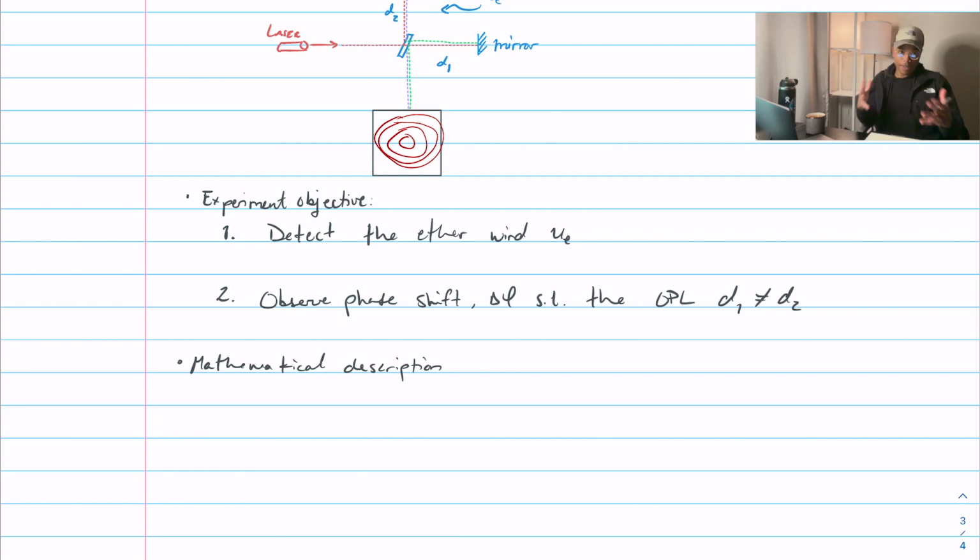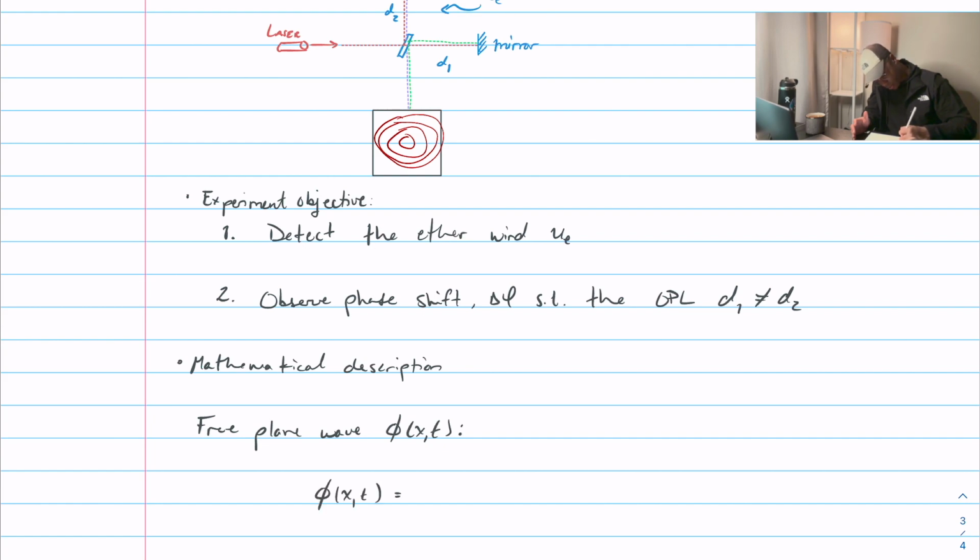We know in physics or in optics or anything that deals with waves freely propagating through space, we denote this free plane wave as such, where phi of x and t is typically proportional to the exponent of 2 pi times the wave vector dotted with the direction, plus the angular frequency times time.